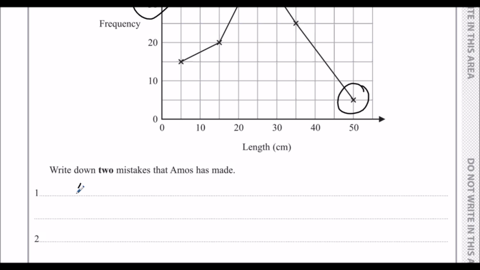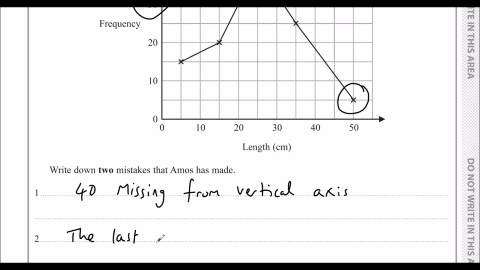So 2 mistakes. 40 is missing from the vertical axis. We could say that it's not linear, it jumped by 20. And the last point, we can say it's not at the midpoint, or we can say it should be at 45, 5.